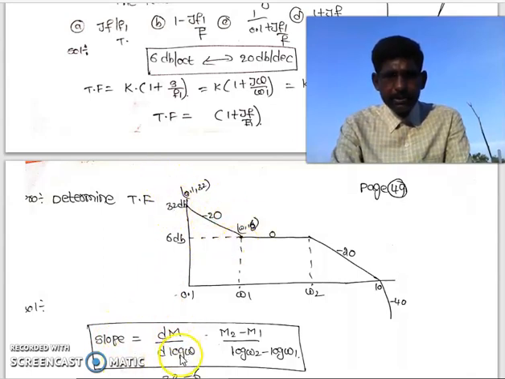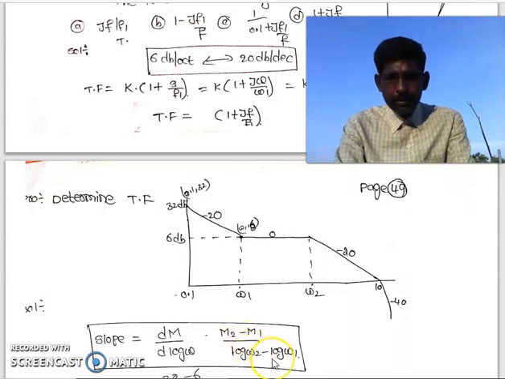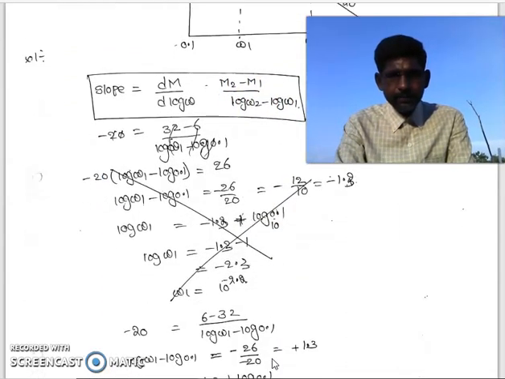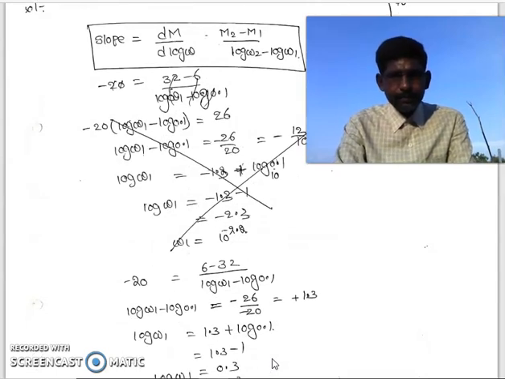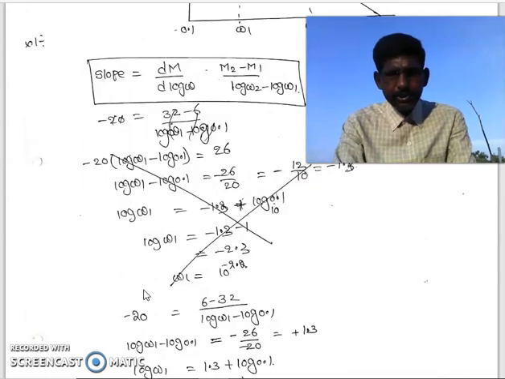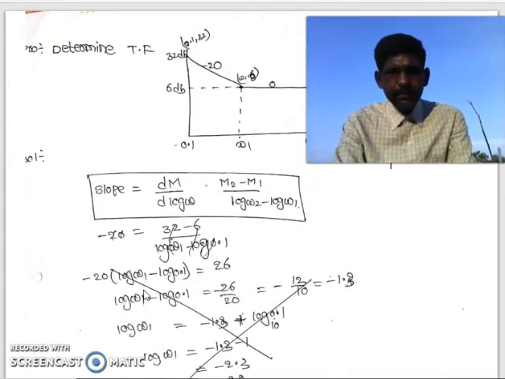Change in magnitude divided by change in logarithmic frequencies, that is, m2 minus m1 divided by log omega 2 minus log omega 1. The change in magnitude is nothing but 32 minus 6 dB.